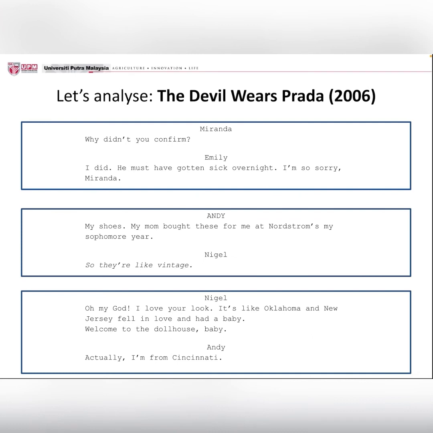More politeness. But for Andy, the second example, Nigel says, "Oh my god, I love your look." So you can see how they insert some sort of female linguistic features here.